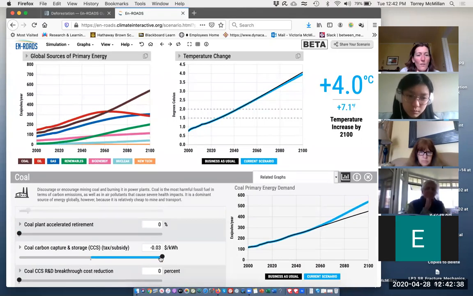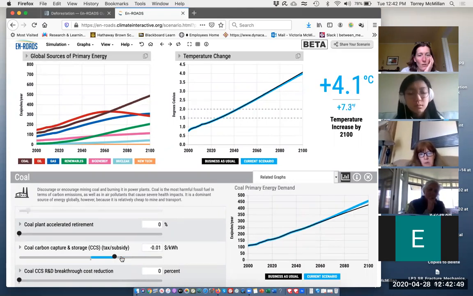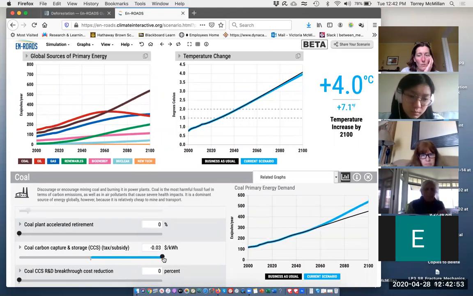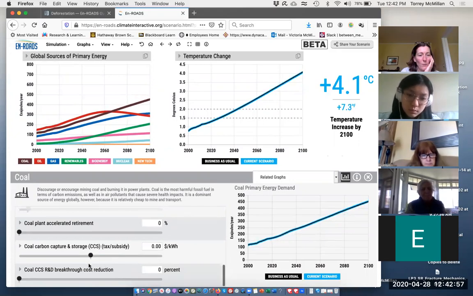Okay, so if we subsidize carbon capture and storage, it actually increases how much coal we're using. Yeah. But we still get a decrease in temperature, right? Because it's not emitting the carbon.